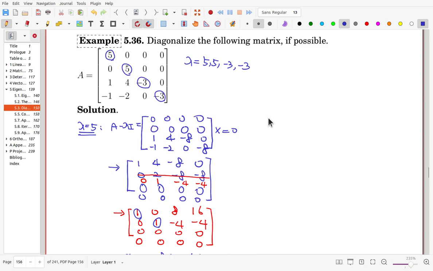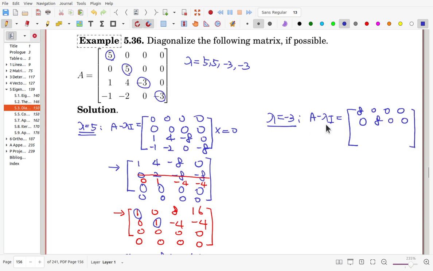Okay, here lambda is minus 3. For that one, we have to add 3 along the diagonal for A minus lambda I. We add 3, then that is 8, 0, 0, 0, 0, 8, 0, 0.